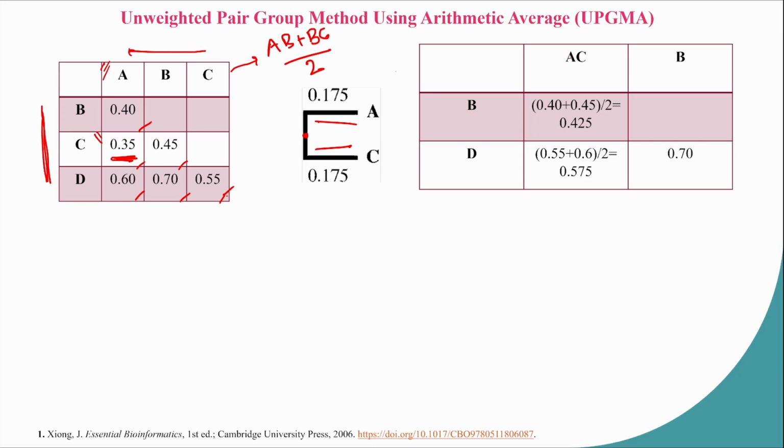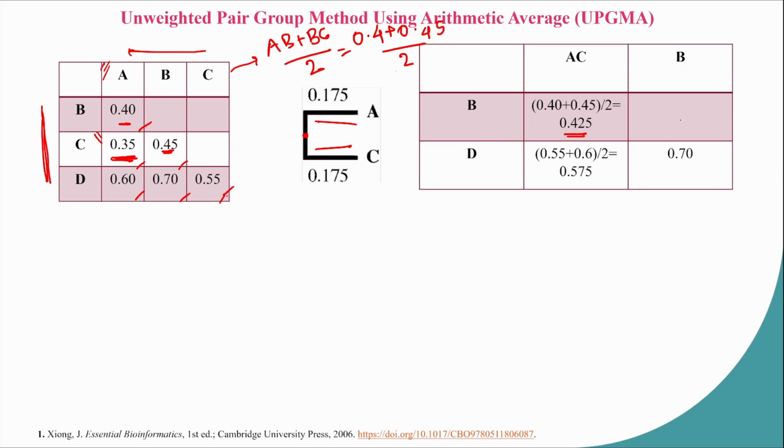From A to B the distance would be AB, or A versus B. From C to B the distance will be C versus B. In the original, A versus B was 0.40, and C versus B was 0.45. So basically 0.4 plus 0.45, divide that by the total, so you average it out, and you get a value of 0.425. So that will be your new value for this grid, AC versus B.